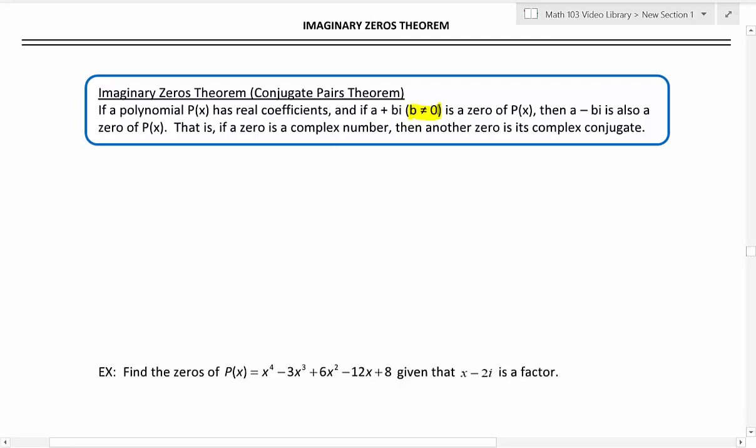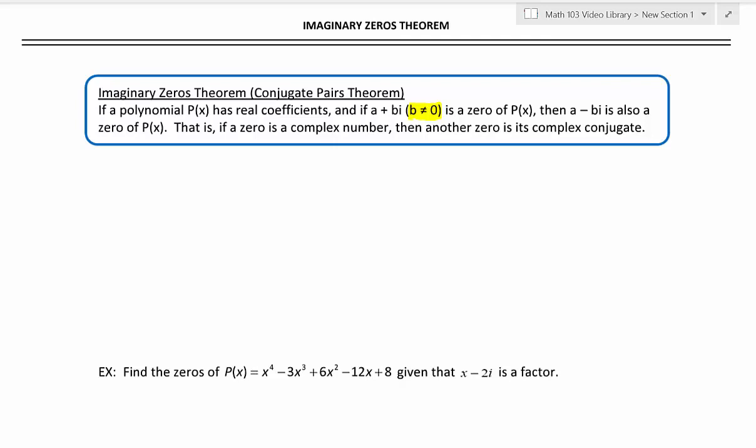Now, this part of the definition that said b is not equal to 0, that was just stated because if b is 0, then the i falls out of a plus bi, and we no longer have an imaginary zero. To help this theorem make sense for you, think about when you had gotten an imaginary zero.